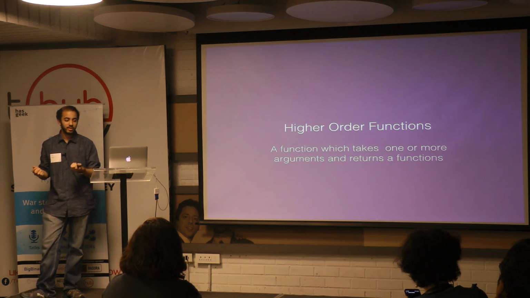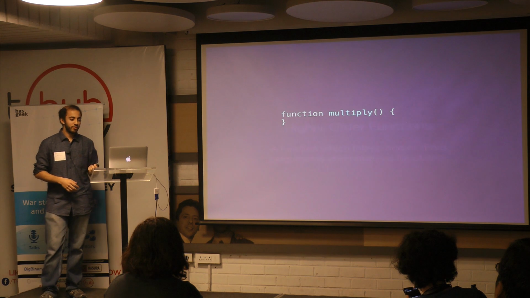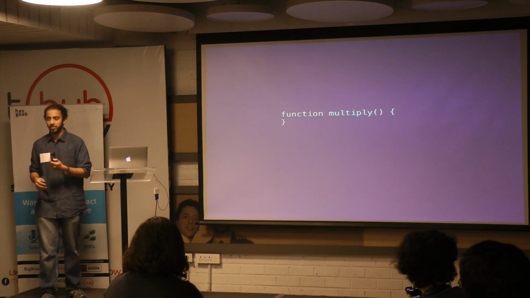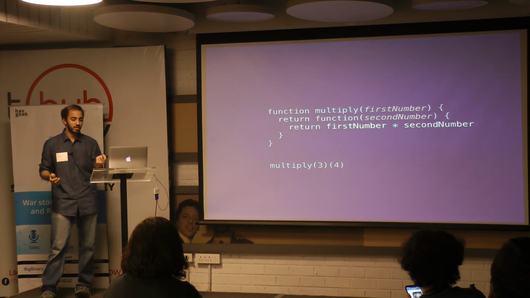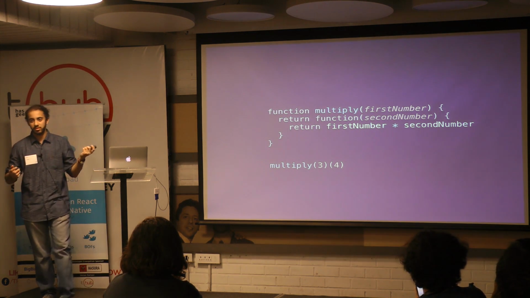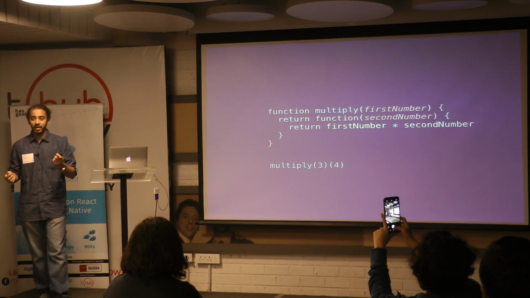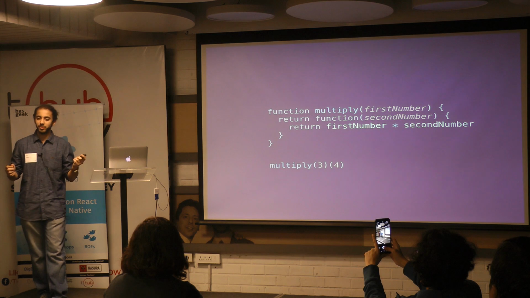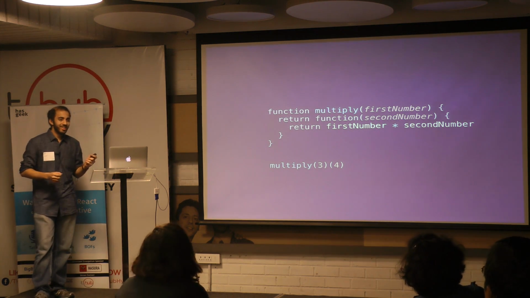Fairly straightforward. Arguments can be anything, the argument can be a function itself. If you have to give an example, you have a multiply function with which you find the product of two numbers. The first function returns a second function, and then you call multiply 3 by 4. This is just for an example; if you are ever told to write a multiply function, I hope no one writes it like this.